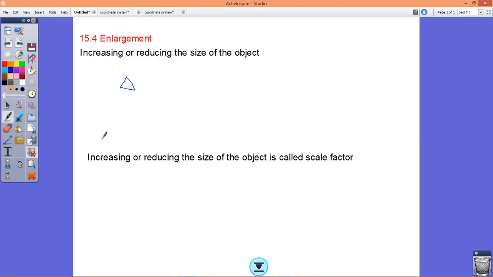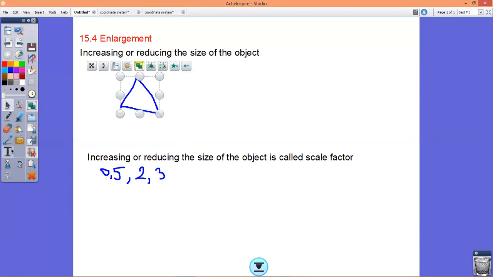The scale factor can be double, triple, anything, or half, and can be any decimal number. It can be 0.5 as a scale factor, meaning half of it, or doubling, or tripling. This means the side lengths of the shapes we are going to multiply or divide.